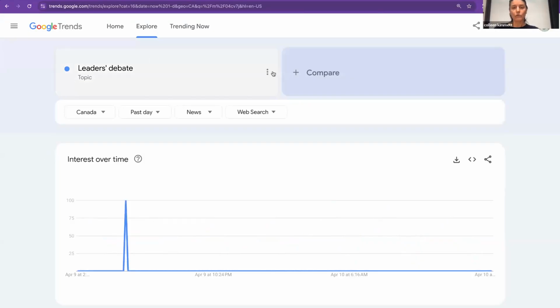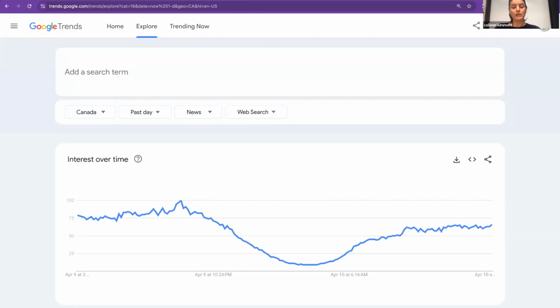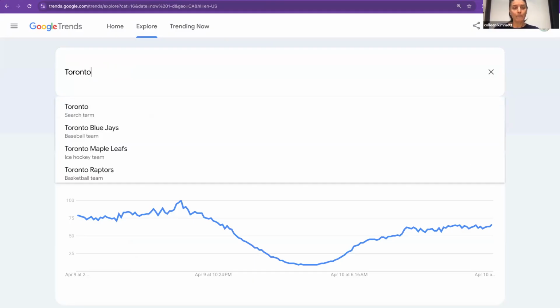I mentioned looking at what might be trending in a particular city. And under the trending now, we don't have the option of drilling down into city level data. But here, if I enter the name of a city, so let's say Toronto, I'm going to try to find the topic here.